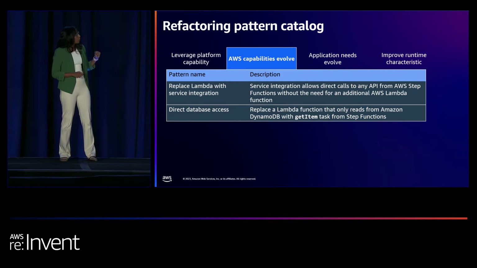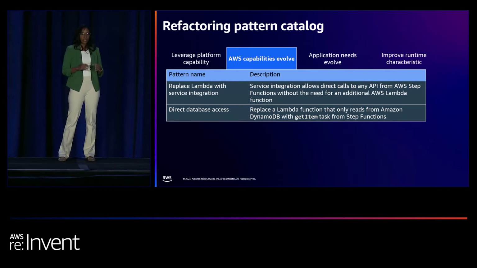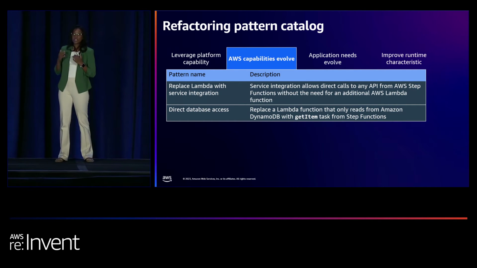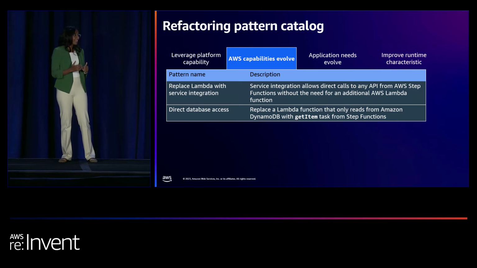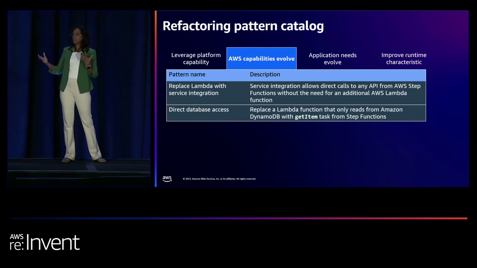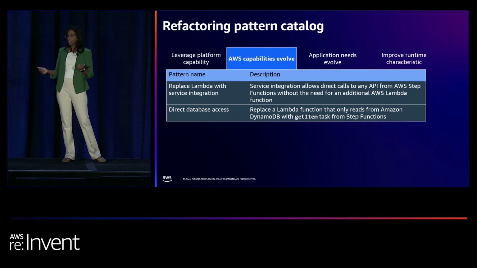So let me talk about the first one. This is an example in your service integration space. Step Functions can now directly integrate with over 200 services. So you can directly connect from Step Functions to any AWS service using the AWS SDK integration. What that means is, say you have a Rekognition task.